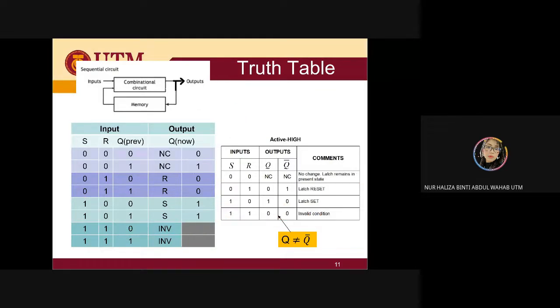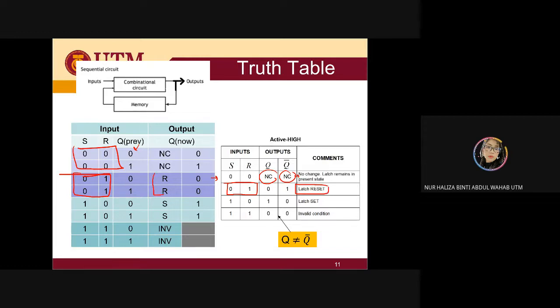Okay, this is the summarized table. When you have 0, 0, whether the output is 0 or 1, it's going to be no change. Your output will be similar. While for your 0 and 1 condition here, you're going to reset your latch.